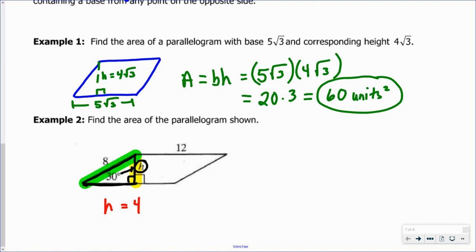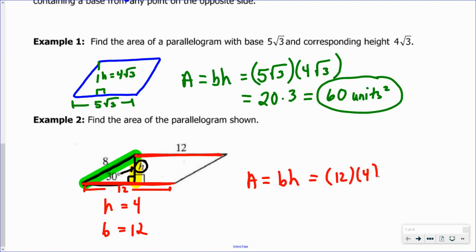Now our base is going to be 12, because the height is perpendicular to this side right here that I've highlighted in red, and the opposite sides of a parallelogram are equal. So the base is 12. To find our area, we're multiplying the base times the height, which is 12 times 4, and that gives us an area of 48 square units.